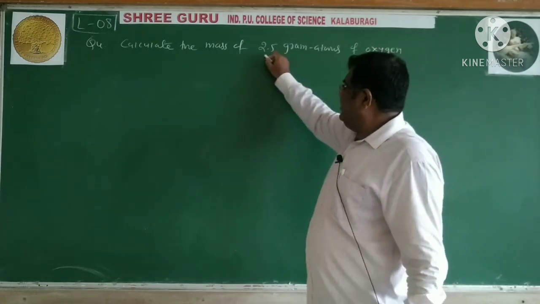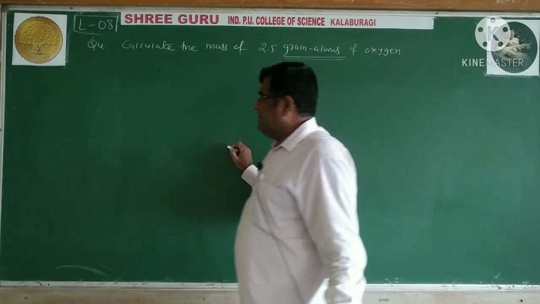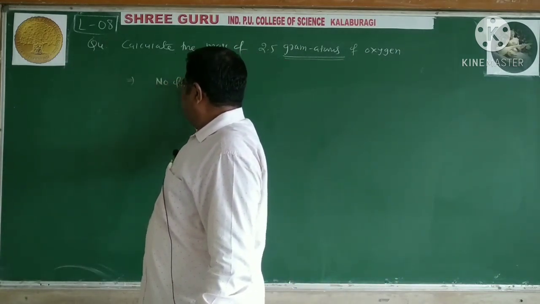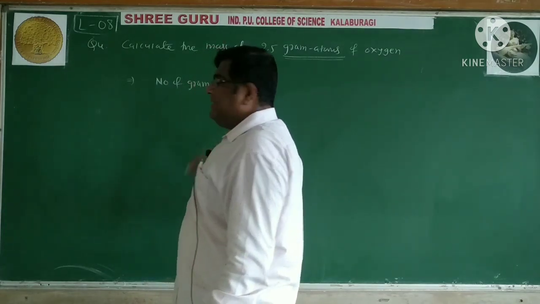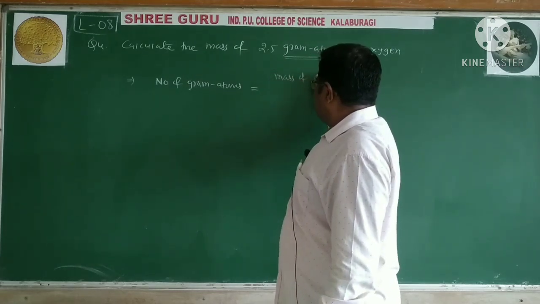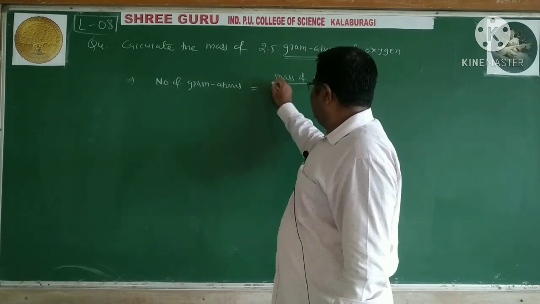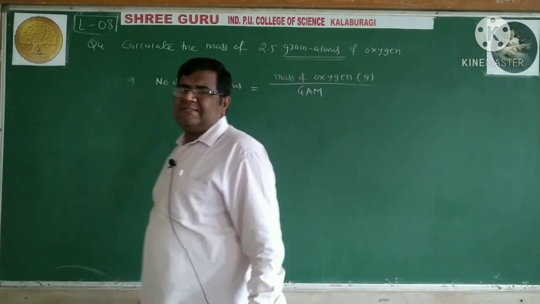So whenever we come across this word gram atoms, we write the formula: number of gram atoms is equal to mass of oxygen in gram divided by gram atomic mass.